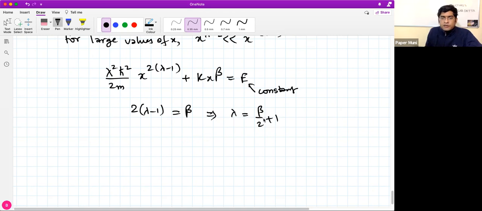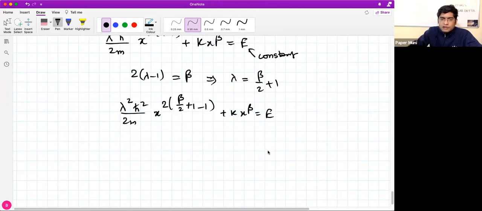Now if this happens, instead of lambda we can put this beta and see what happens. So this is h cut square by 2m, and this term becomes x. Now if you put instead of lambda this beta by 2 plus 1 minus 1, both will be equal, so we could have directly written down that this is x to the power beta.